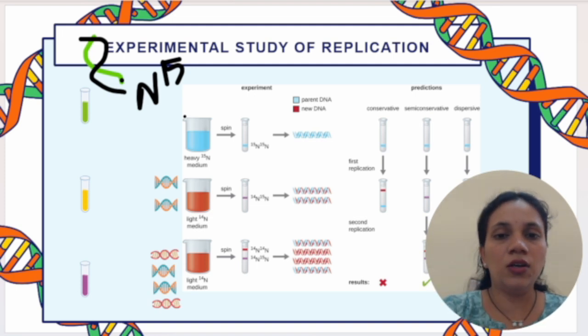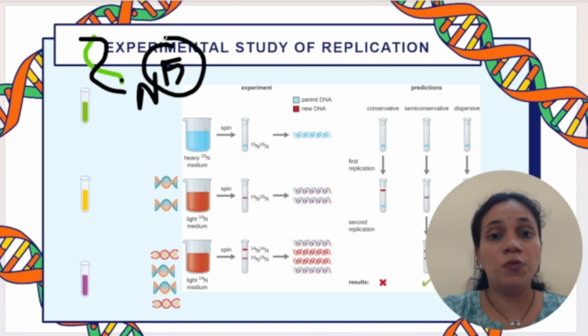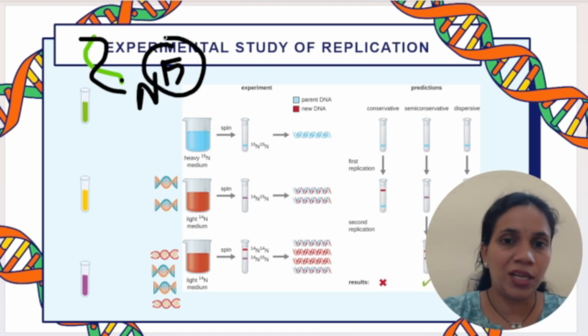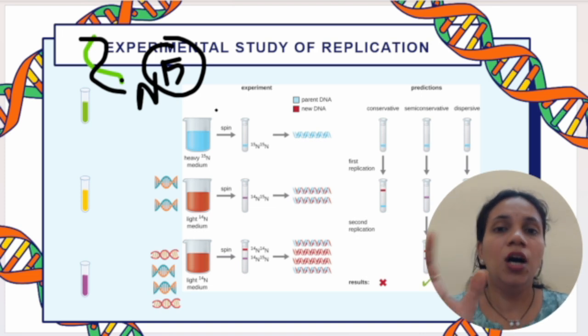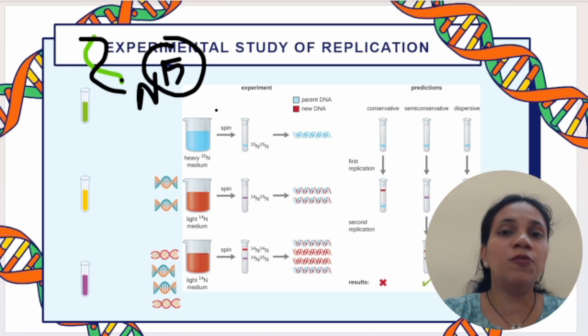Here they used the isotope N15. Before we proceed, please keep in mind that this N15 is not radioactive in nature, but it is a dense molecule. They also used another medium, ammonium chloride with N14.